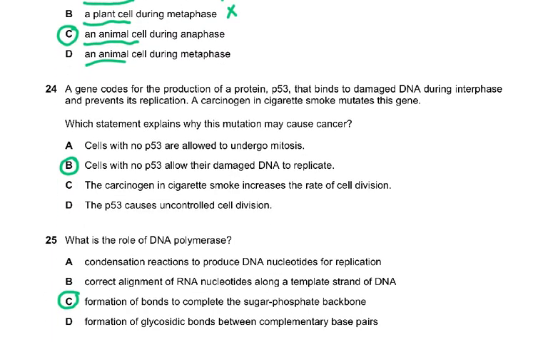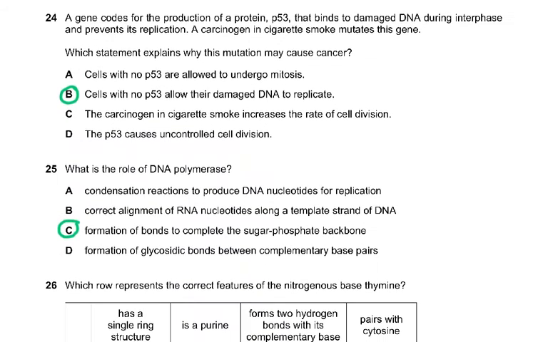Then question 24. A gene codes for the production of a protein P53 that binds to damaged DNA during interphase and prevents its replication. A carcinogen in cigarette smoke mutates this gene. Which statement explains why this mutation may cause cancer? Cells with no P53 allow their damaged DNA to replicate. Why? Because it's not allowing P53 to function.